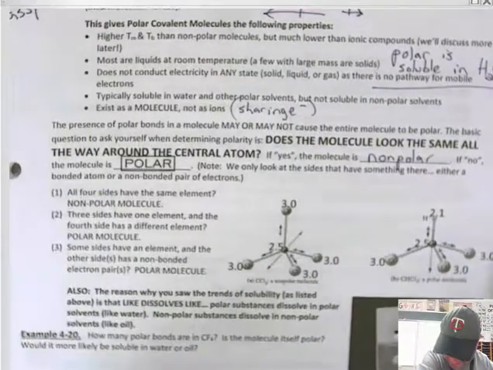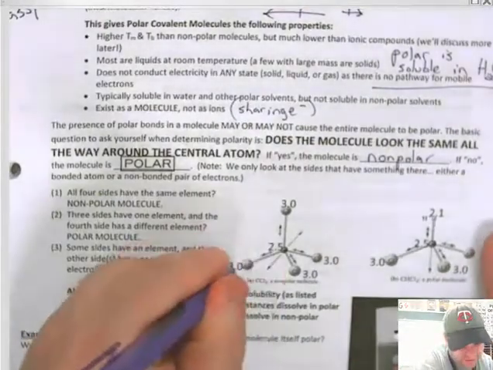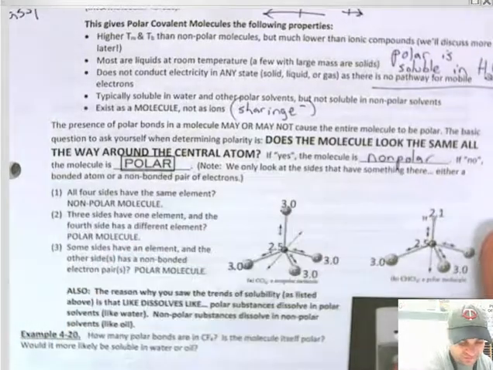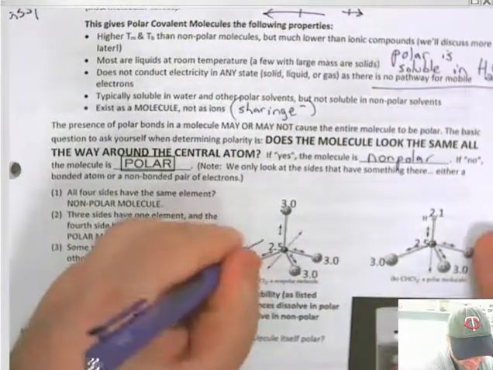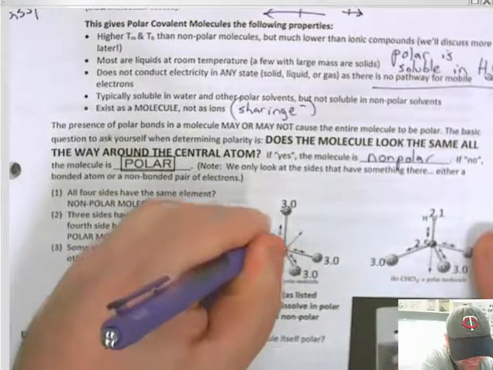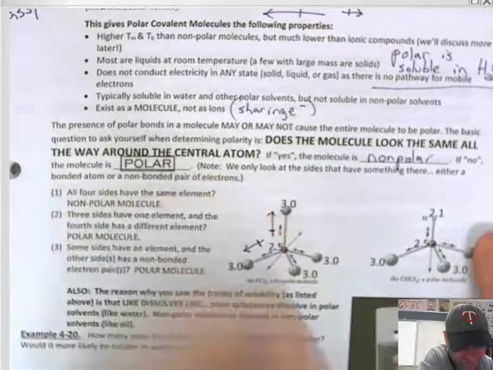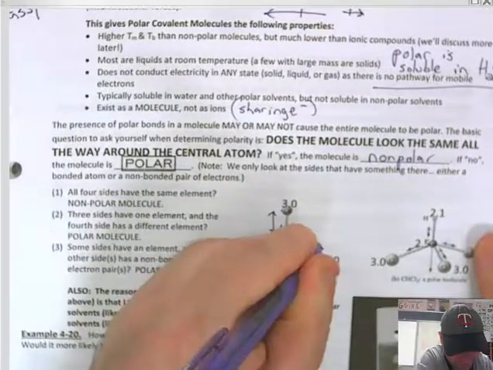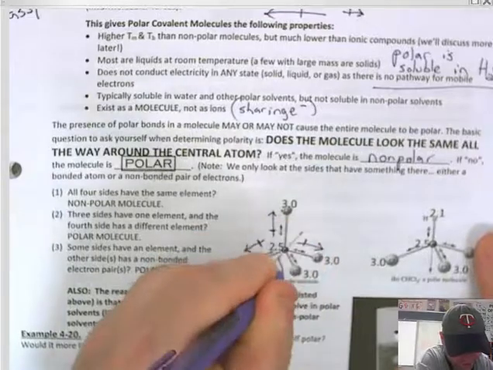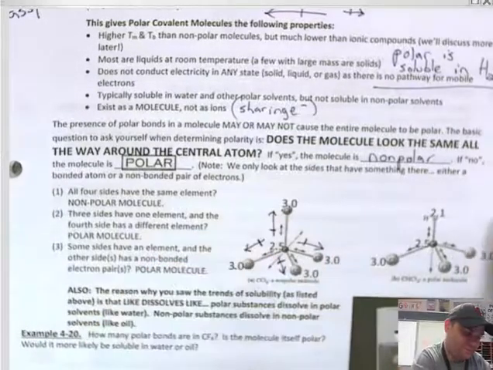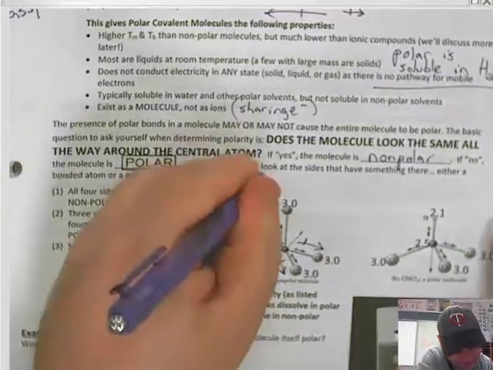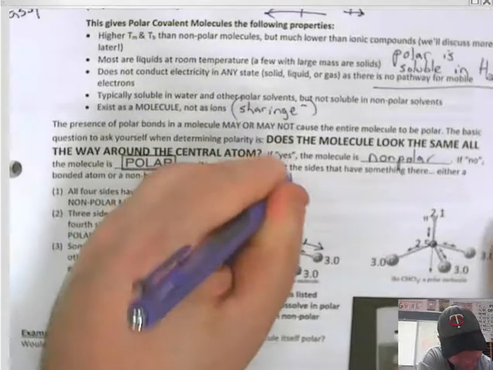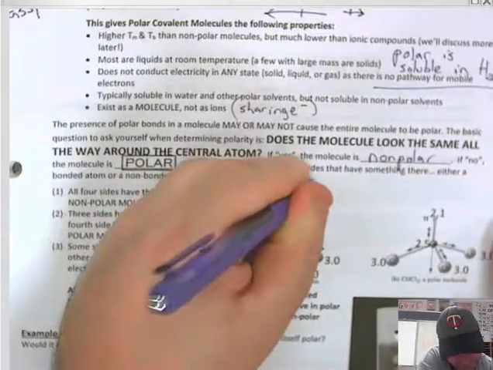So here's what this is. Notice that these are the electronegativities here. Remember that these are in the reference packet. There is an overall dipole towards this chlorine, this chlorine, this chlorine, and this chlorine. Remember that this is tetrahedral. How do I know it's tetrahedral?